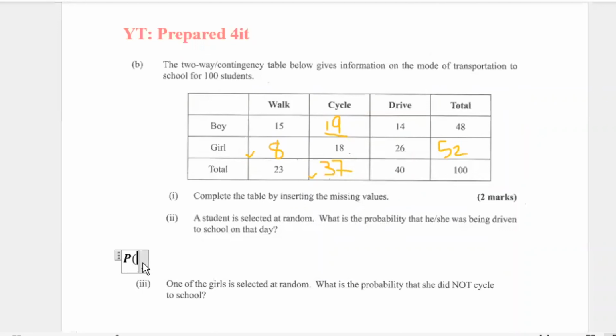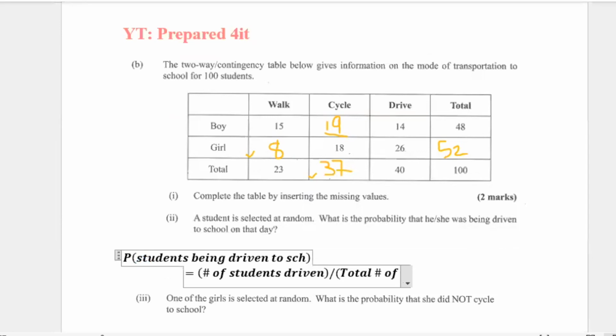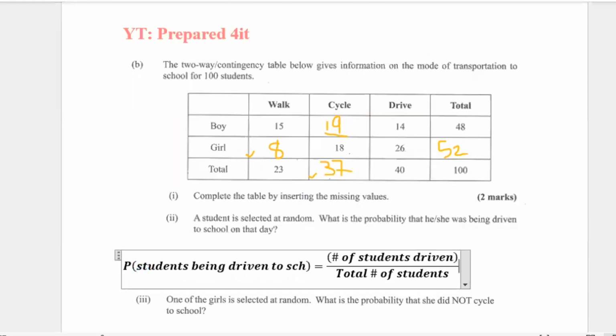So the probability of students being driven to school is equal to the number of students driven over the total number of students.